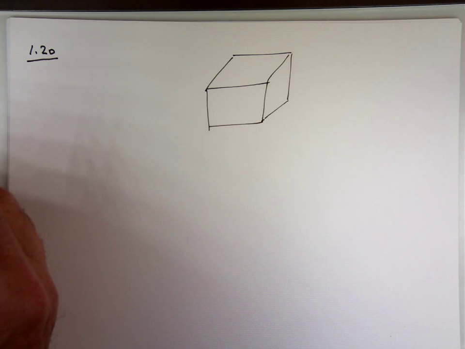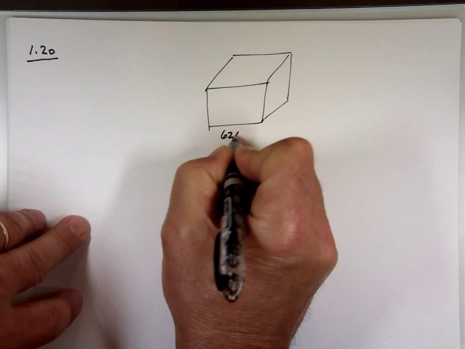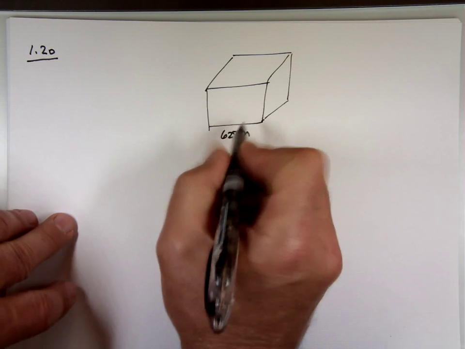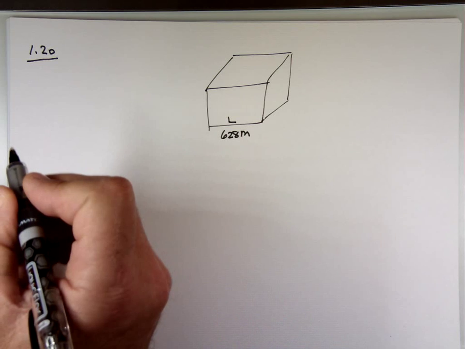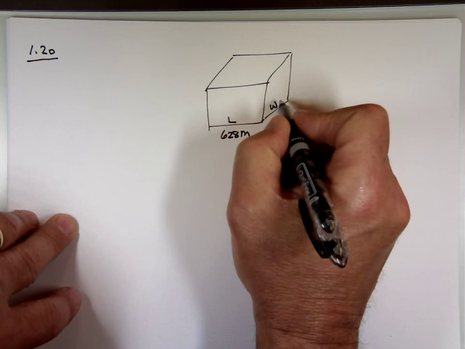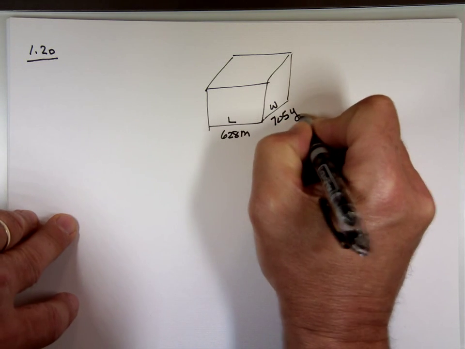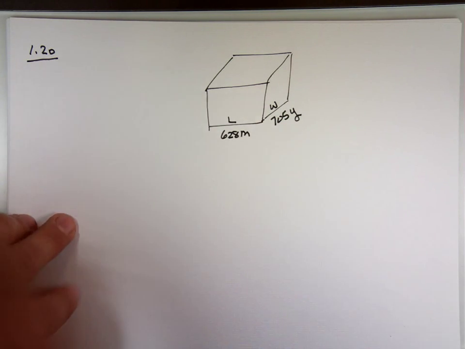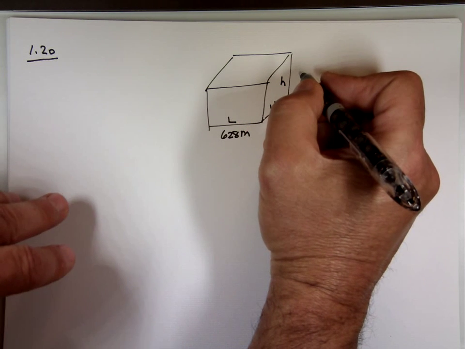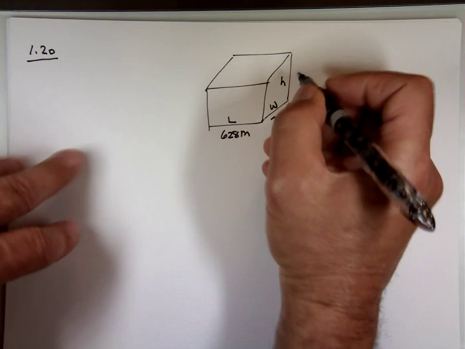It measures 628 meters. That's the length of it. The width is 705 yards. One is meter, one is yard. And the height is 108 feet.